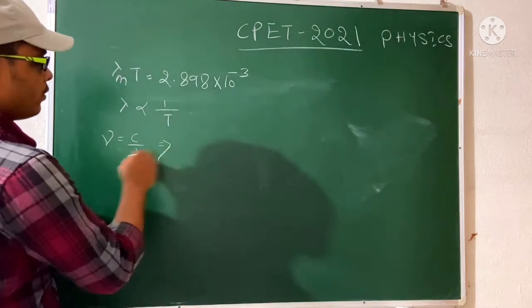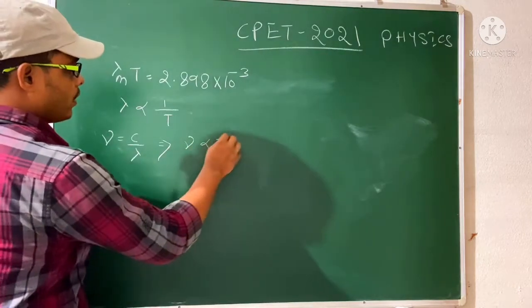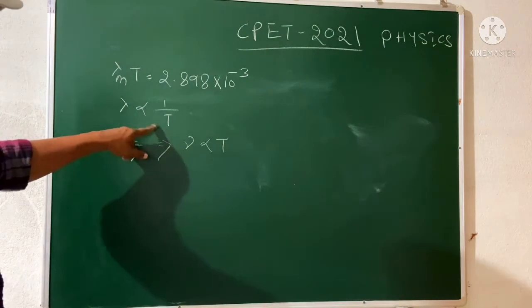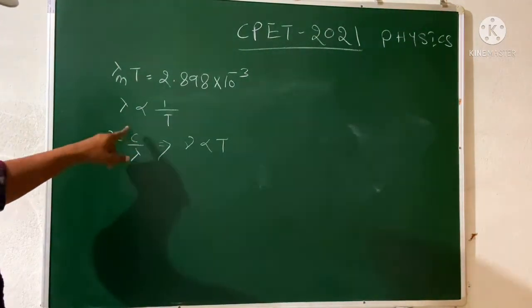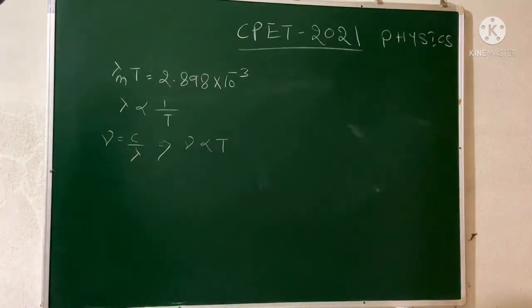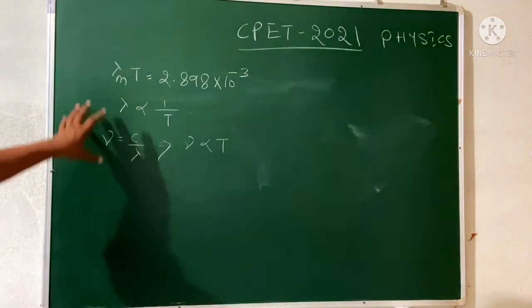This implies that mu is directly proportional to the temperature. Because if you substitute mu equal to c by lambda, then lambda comes as 1 by T, so your frequency is directly proportional to the temperature. This is for a black body.